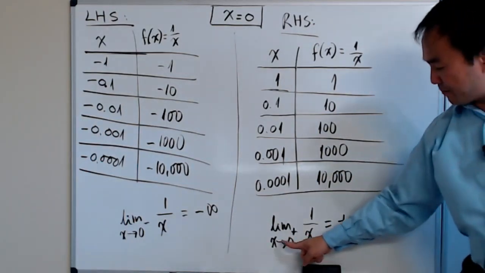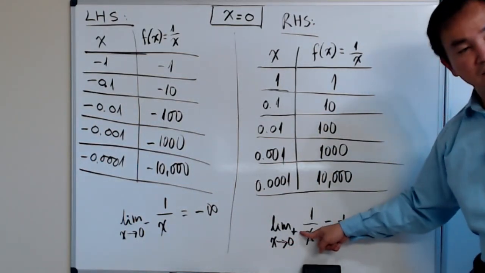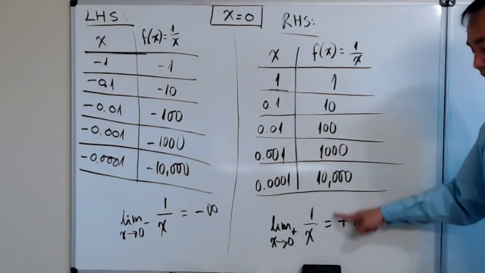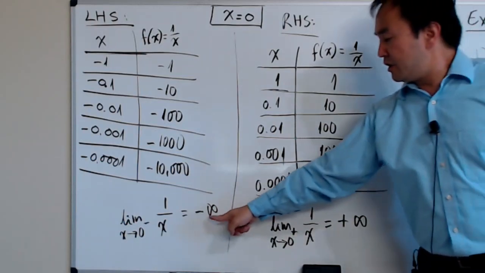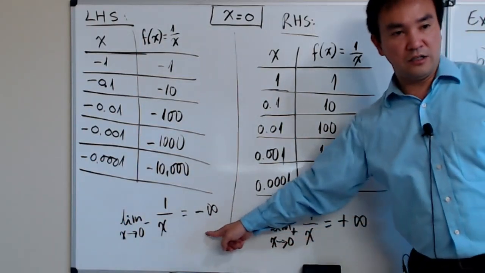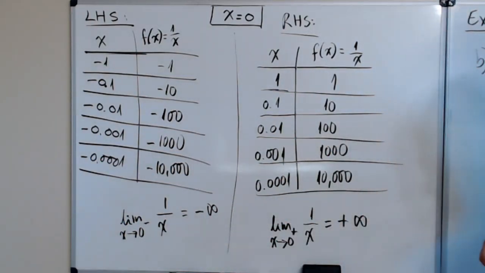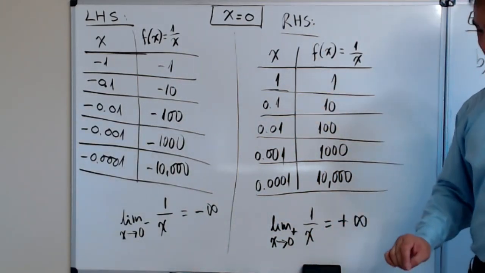Whereas if you approach 0 from the right-hand side on the x-axis, your y value keeps getting higher and higher. So in the end, the two directions did not agree. Allow me a minute to erase all this.